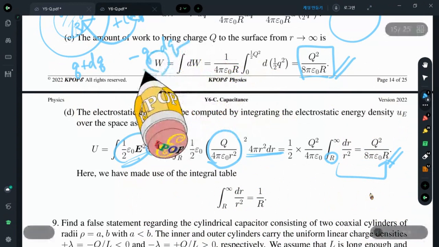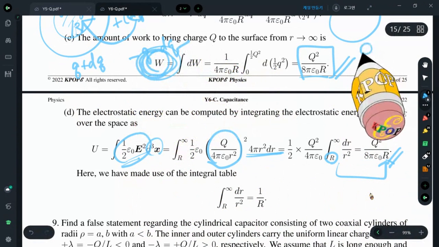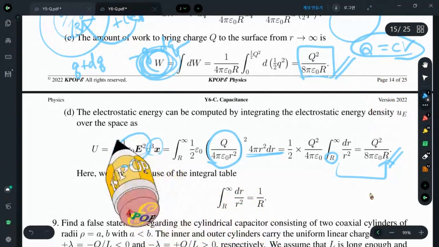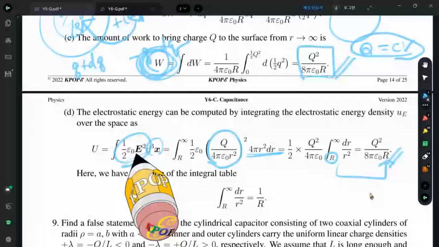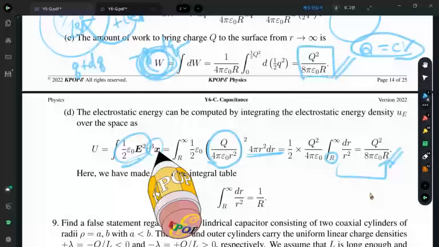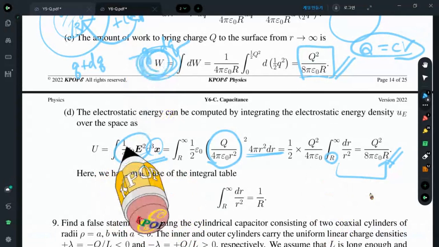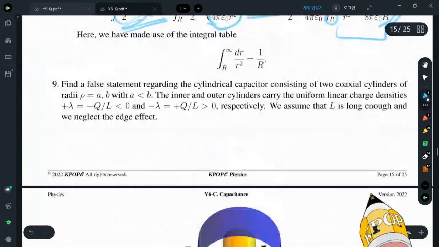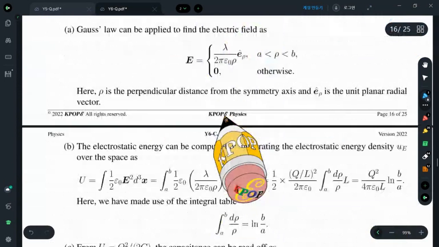So this is what we have done with the formula Q equals CV, and this can be directly computed from the volume integral of the electric field squared. So these two values are equivalent. The same is true for the coaxial cable.